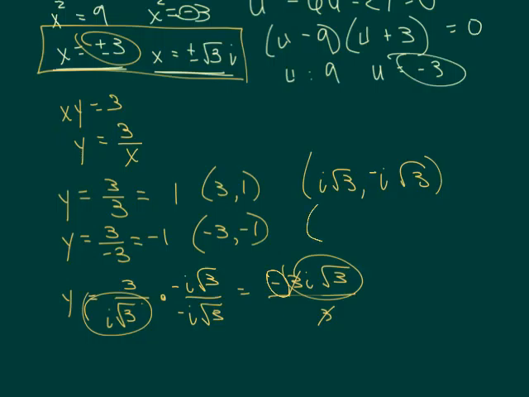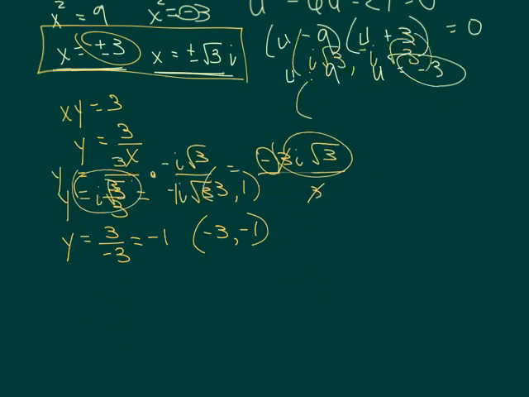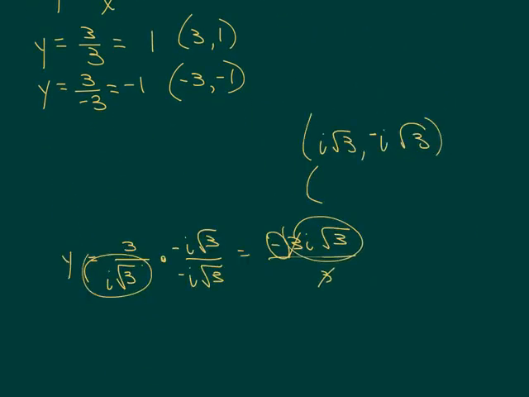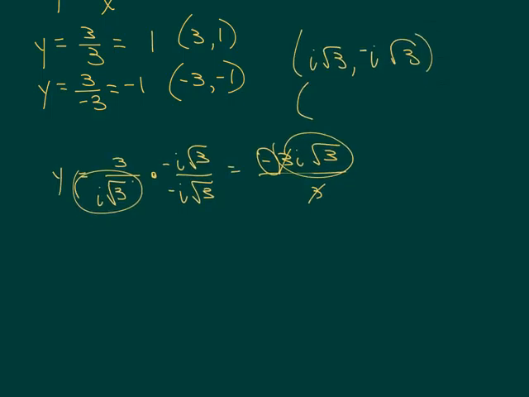Now when I look up here and do the negative square root of 3i, let's see if I can make some more room here. I'm doing y equals 3 over negative i square root of 3. And when I do that, I again multiply by the conjugate. This time it'll be a positive i square root of 3.